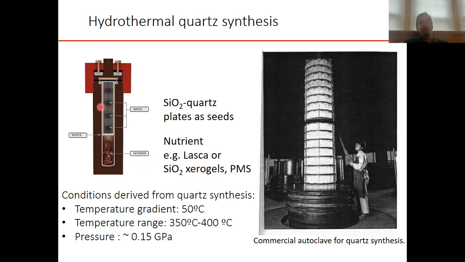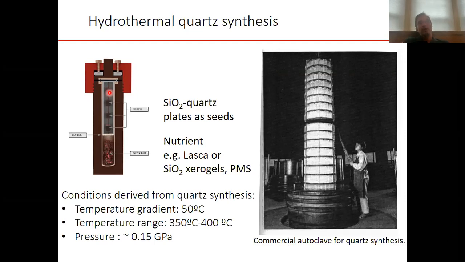Then in the growth zone, you place silicon dioxide seed crystals, particular seed crystal plates, in which the C direction of the crystal stands perpendicular to the plate. The plates have this orientation because the crystal grows the fastest in Z direction. Therefore, you want to maximize the surface of the crystal perpendicular to the Z direction.